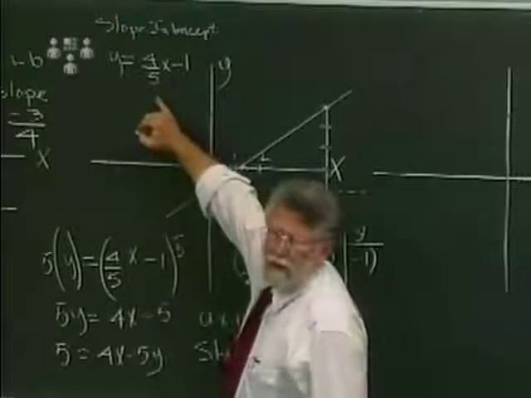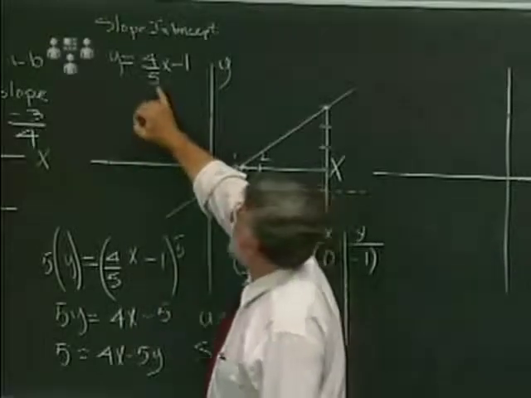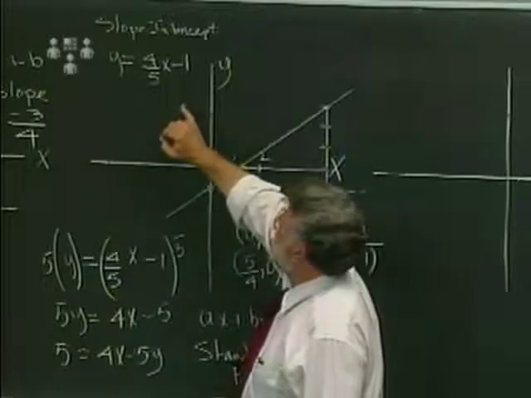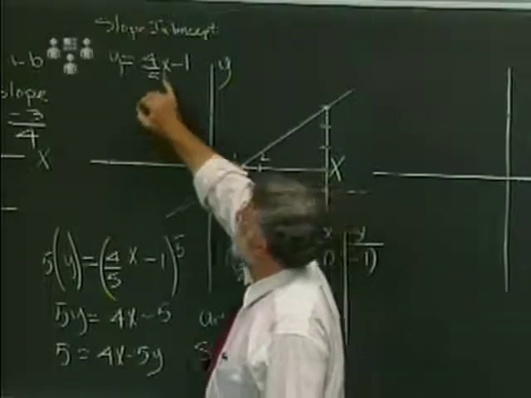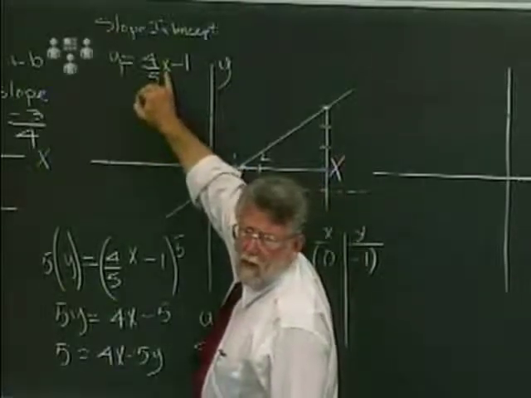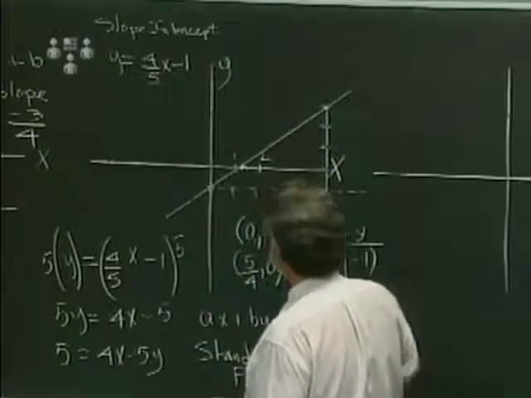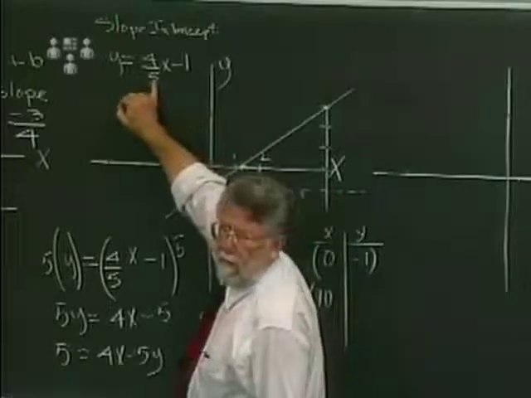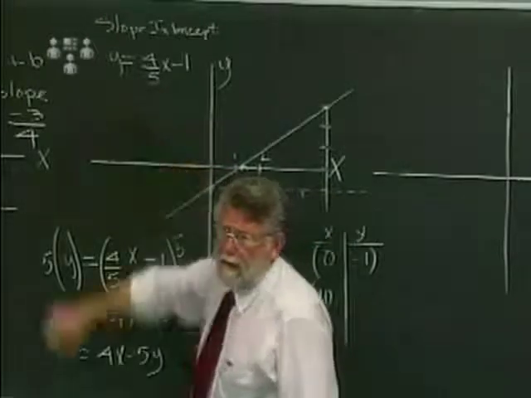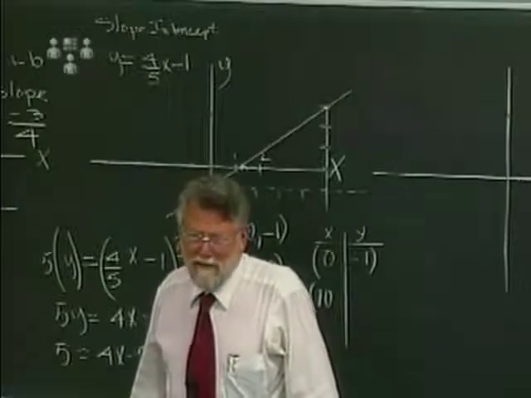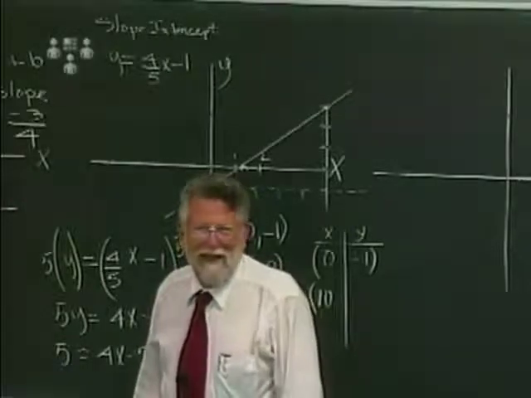This is a little bit easier to do because if x is, let's say x is 10. If x is 10, what's y? So I'm going to let x be 10. Why 10? I chose 10 because 10 is a multiple of 5. 5 will go into 10. It was that simple.